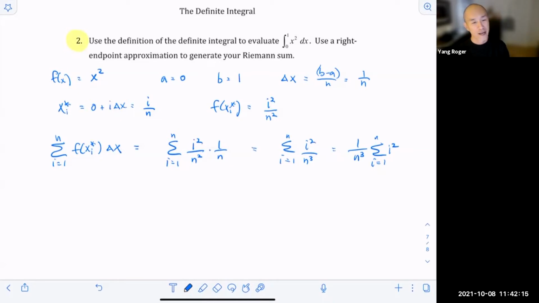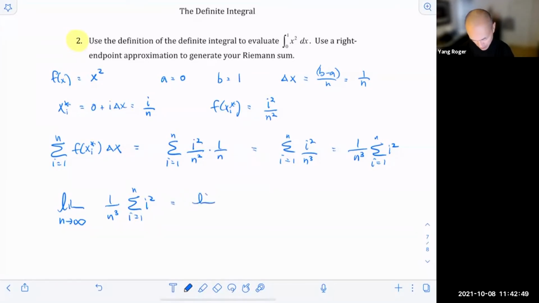Did we all finish this guy actually? So we end up with the limit as n goes to infinity, 1 over n cubed, summation as i goes from 1 to n, i squared. So now we just use our summation formula, right?